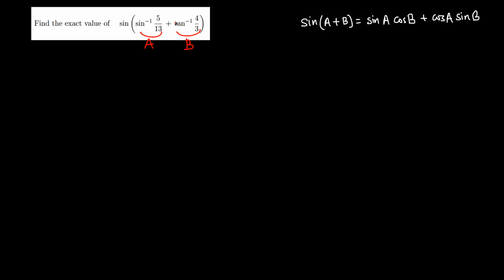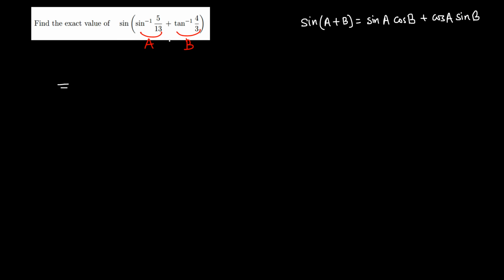So sine of A plus B, and we have the formula for sine of A plus B, which is not simply sine A plus sine B. It's got more than that, which is sine A cosine B plus cosine A sine B. So let's use that here.